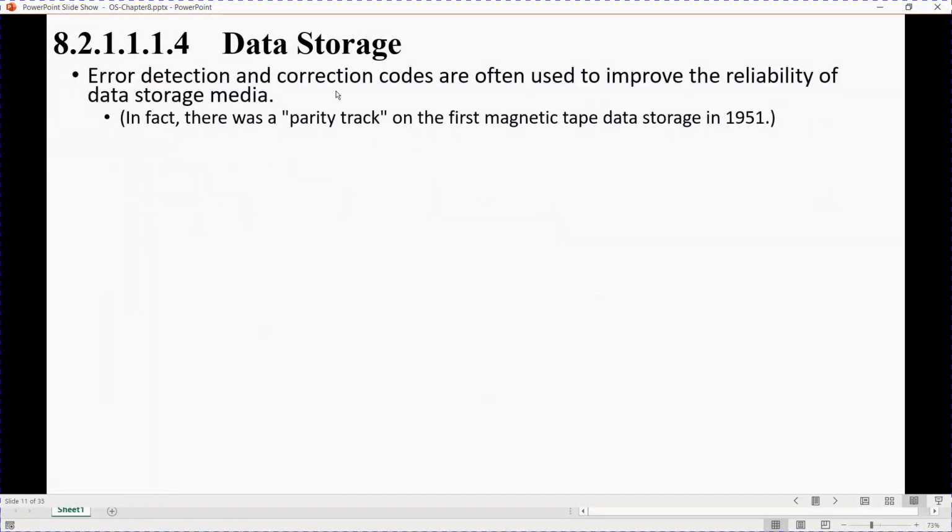Error detection and correction codes are used to improve the reliability of data storage. This has been recognized from the very beginning. The very first tape data storage back in 1951 had a parity track for error correction.